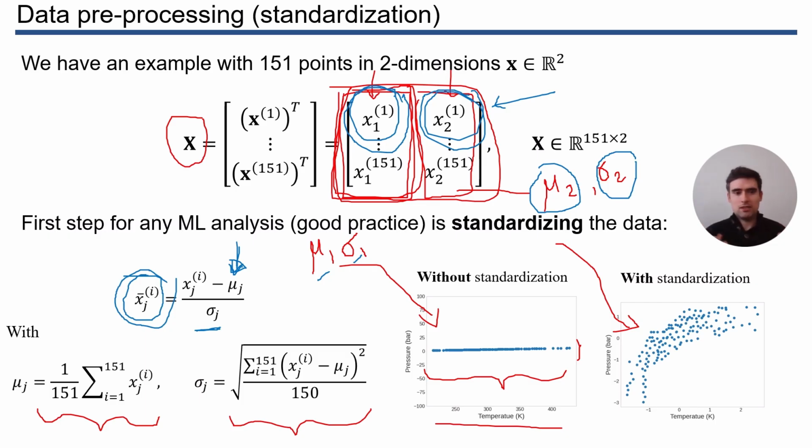Of course, I'm going to do this in what we call the vectorized form, so I'm going to do this quickly, so it's not very intensive. But what that means is I'm going to end up with a new matrix, which is all standardized.